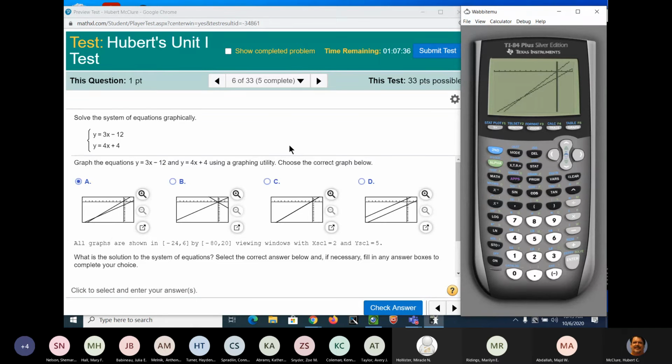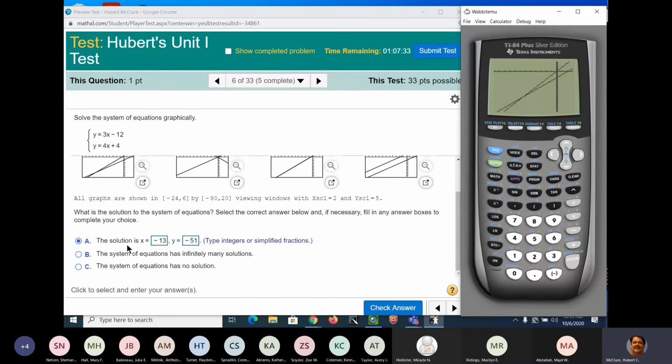What solution did y'all get? Oh, they say simplified fractions, but okay, y'all not going to talk to me. Second, trace, intersect.